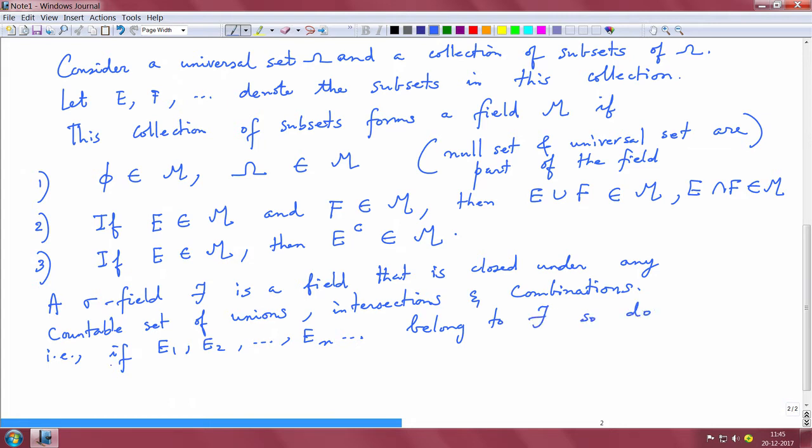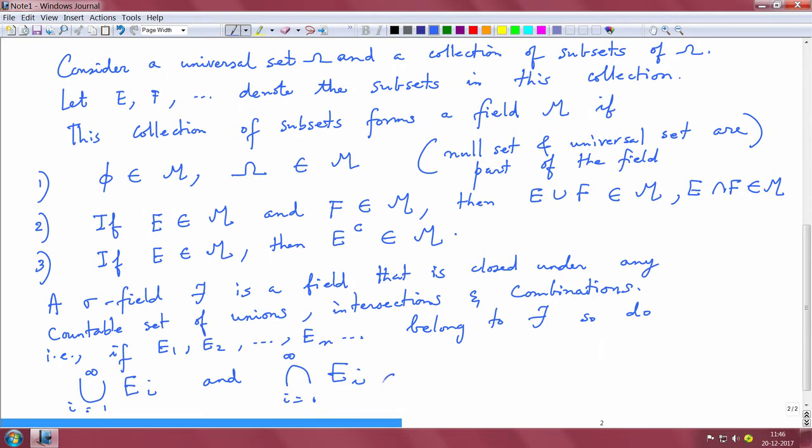I said we can extend this E1, E2 so on En, because you can have infinite such sets. So, if they belong to the field, so do the union of all these sets and the intersections. So, the union is the set of elements in at least one of Ei, and the intersection is the set of all elements in every Ei, right.